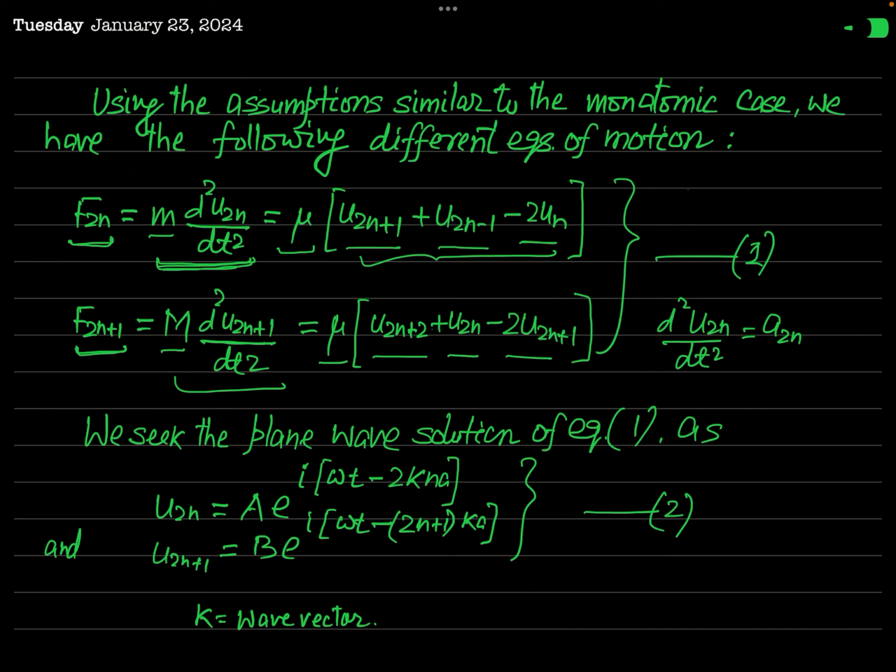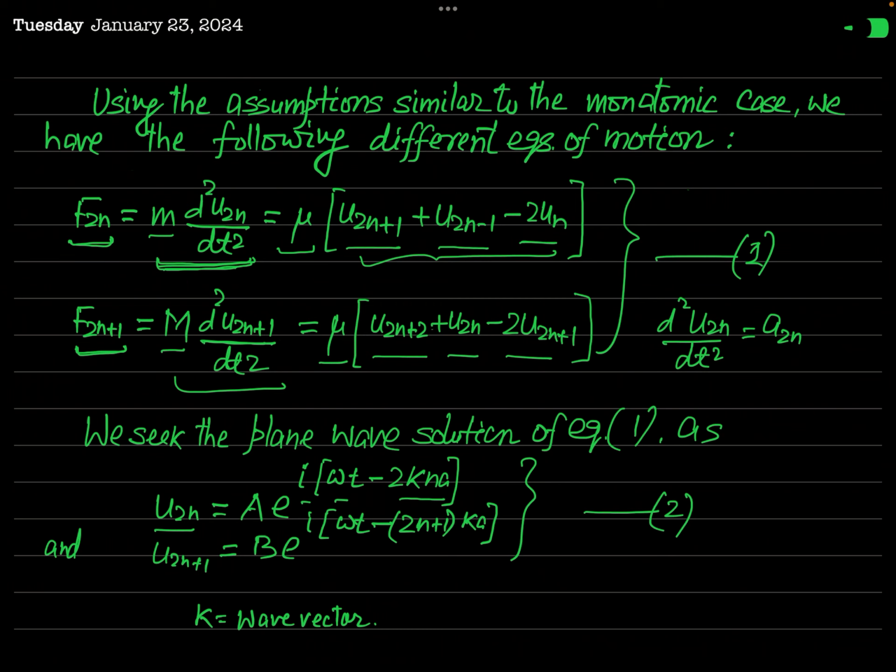Now, the solution of this equation we seek in the form of a plane wave. As I have told you, this system has been disturbed by passing an acoustic plane wave, so you can seek a traveling wave solution of this type. So u2n is given like this: a times e to the power i(omega t minus 2kna).